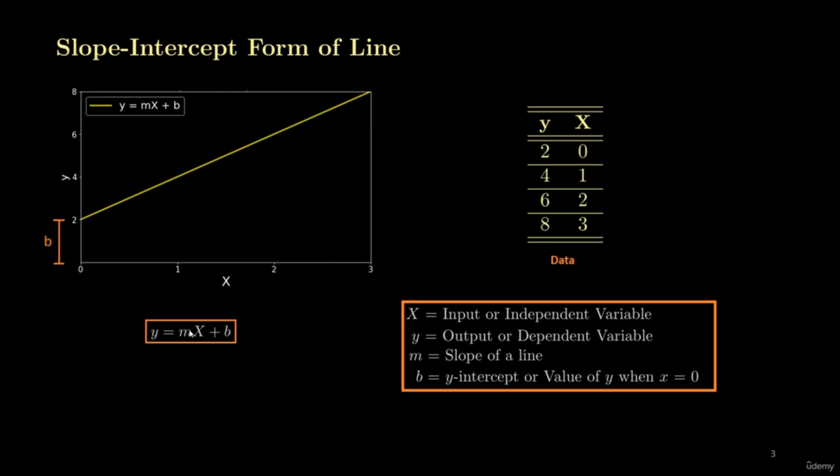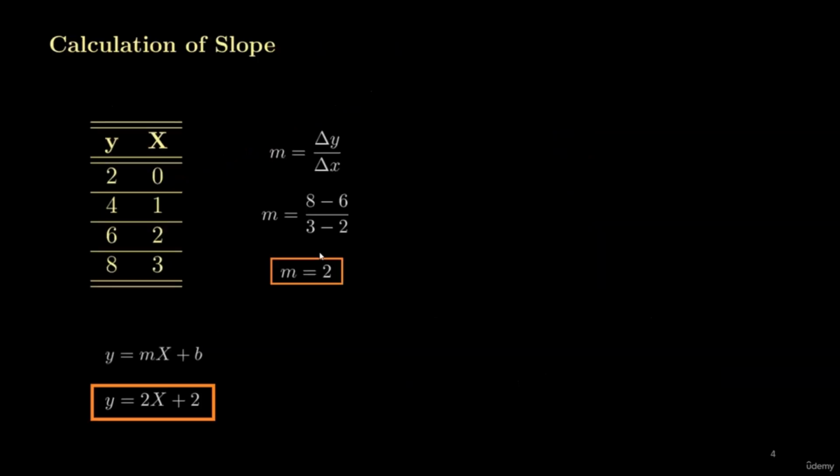Now it's time to find the value of m, which is the slope. Slope is defined as the change of y with respect to x, the change of variable y with respect to x. In this way, with the help of this table, we can also find the value of slope easily. In order to find the change in y, I have to use any 2 consecutive values of y.